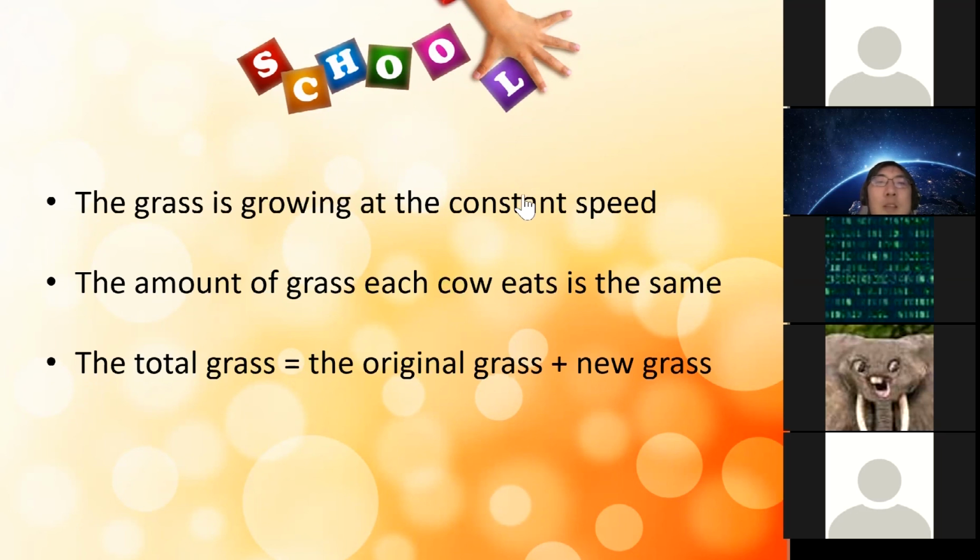It will be endless. The grass will keep growing until the end of the earth. So we cannot think that way. We only consider the original amount of grass. When the original amount of grass is gone, then the problem is solved.